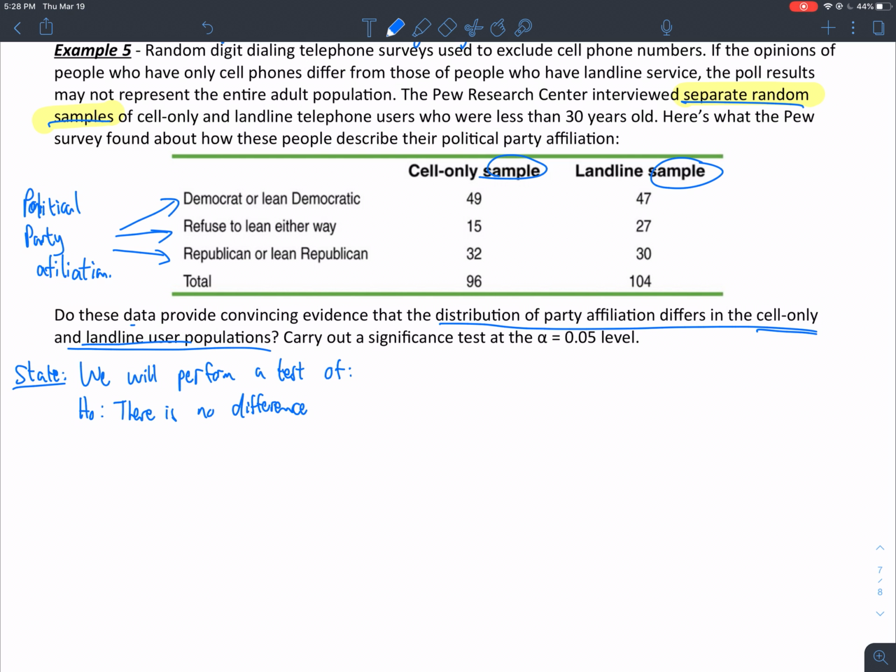in the distributions of party affiliation between the cell-only and landline populations, okay?